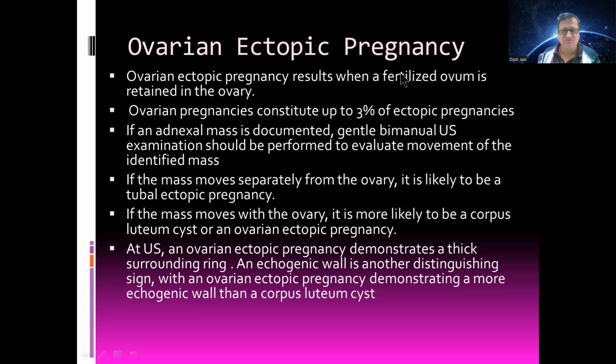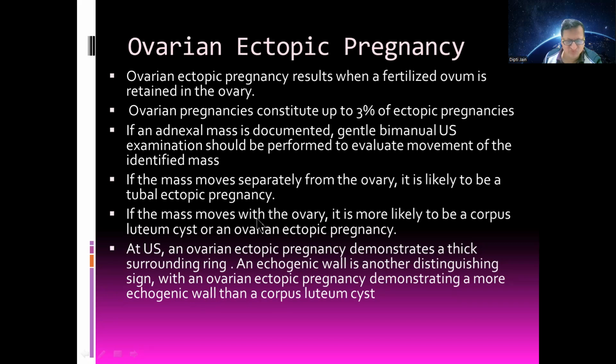Next is ovarian ectopic pregnancy. It results when the fertilized ovum is retained in the ovary. Ovarian pregnancy composes around 3% of ectopic pregnancies. If an adnexal mass is documented, gentle bimanual US examination should be performed to evaluate movement of the identified mass. If the mass moves separately from the ovary, it is likely to be a tubal ectopic pregnancy.